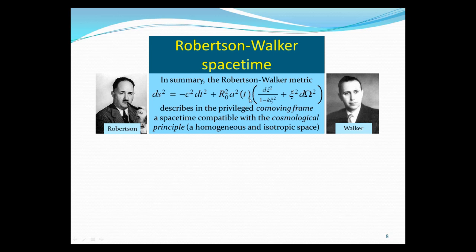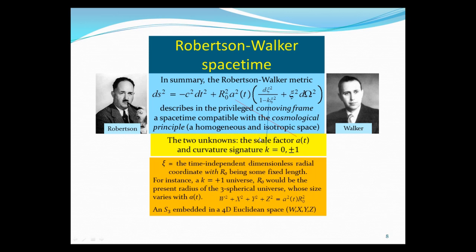The point, of course, is that this metric is compatible with the cosmological principle, the homogeneous isotropic space. That's a mathematical fact. There are two unknown factors, the scale factor A and the curvature signature k. And psi is the time independent dimensionless radial coordinate, with r naught being some fixed length.